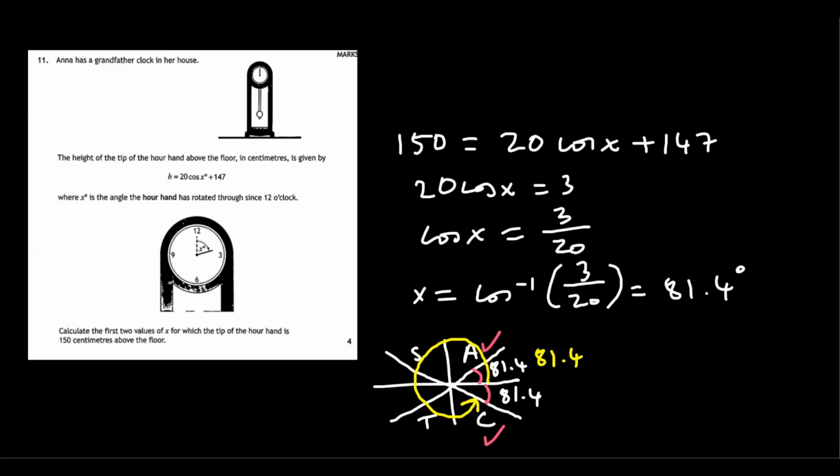So up to here, it would just be 360 minus this angle. So the second solution is just 360 minus 81.4. And that would be 278.6 degrees. So those are the two solutions. The first two values of x for which the tip is 150 centimeters above the ground.